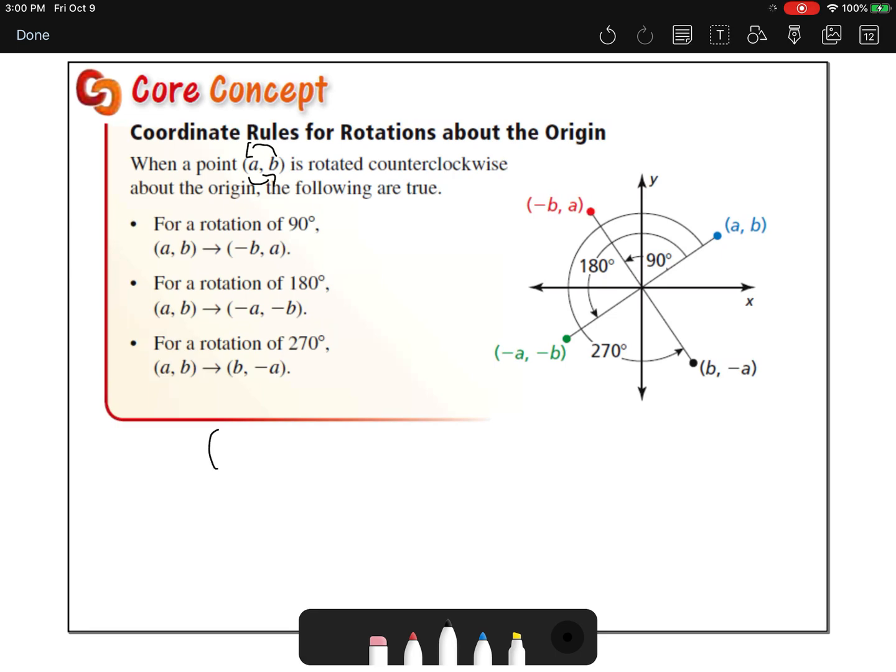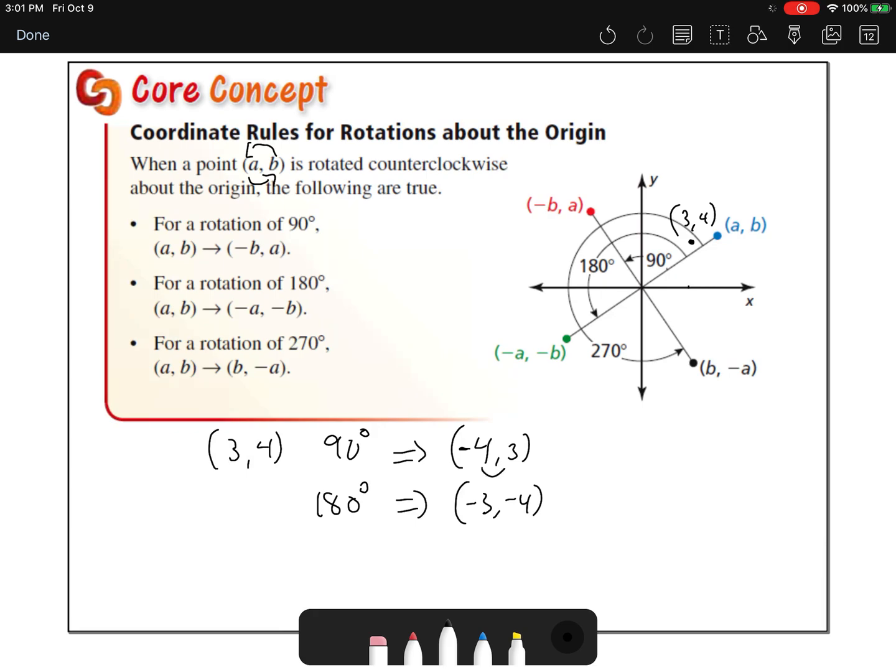So basically, here's an example. Let's say I had the point 3, 4. So over 3, up 4, and it was this point right here. Then a 90-degree rotation, I would flip these two numbers, X and Y, and negate the first one. 180, I would flip them again and negate the first one.